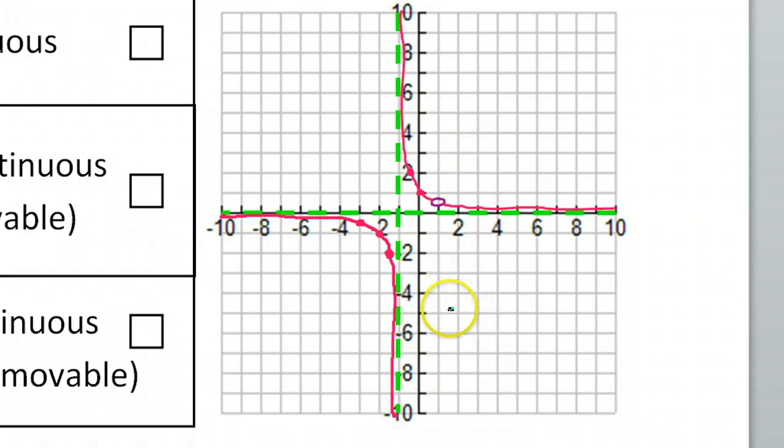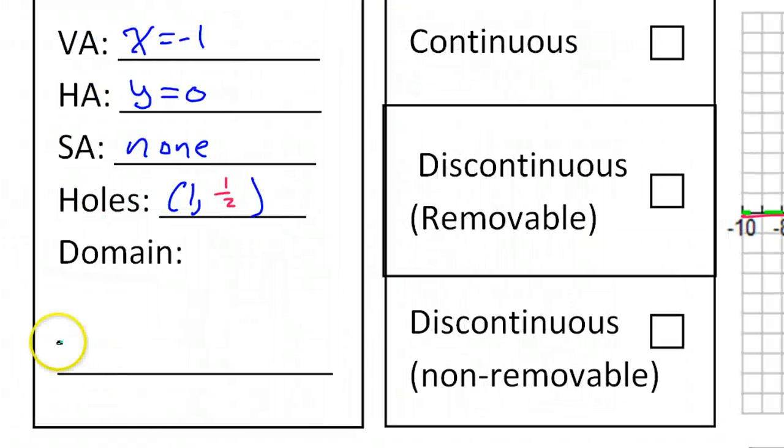Alright, so your graph should look like this. Now when you do the domain, be careful. You won't just have 2 pieces. You actually have 3. So for this branch, we will do negative infinity to negative 1, you know, the asymptote. So negative infinity to negative 1, union.